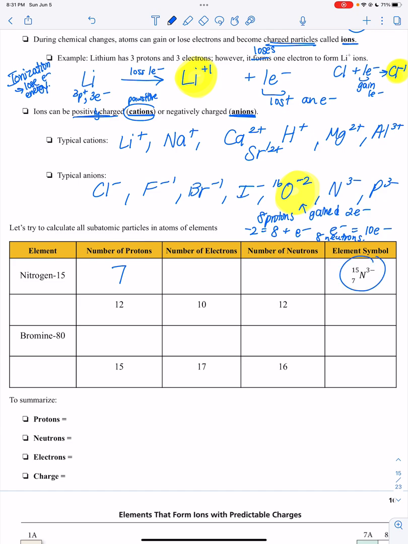The element symbol is N3 minus. If I want to figure out the number of electrons, the charge is equal to protons minus electrons. In order for the charge to be -3 and protons to be 7, the only way this is possibly true is if the number of electrons was equal to 10. I have 10 electrons.